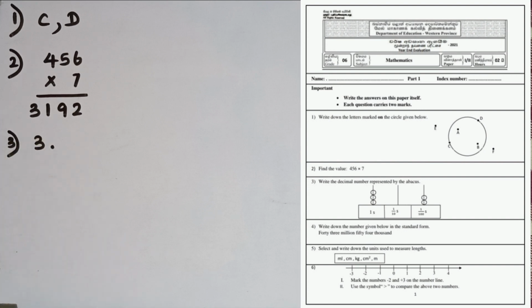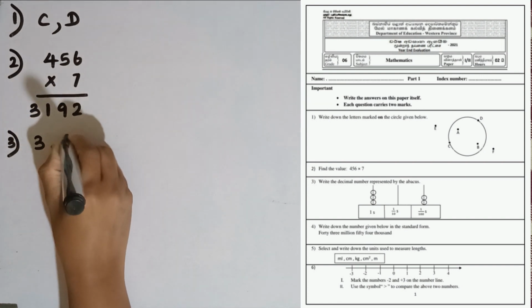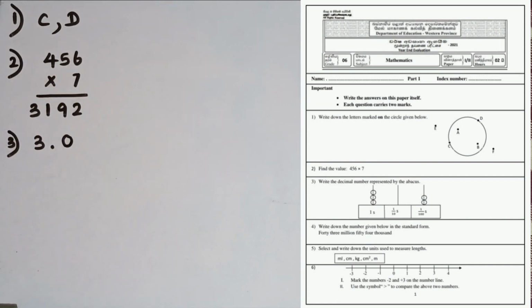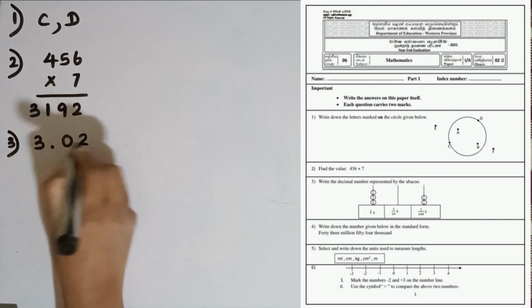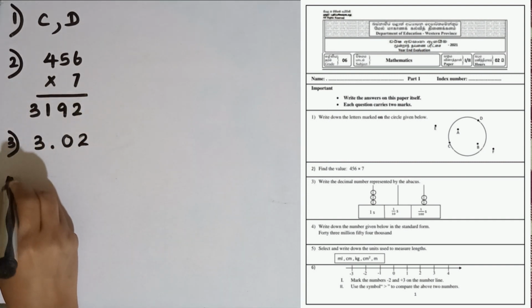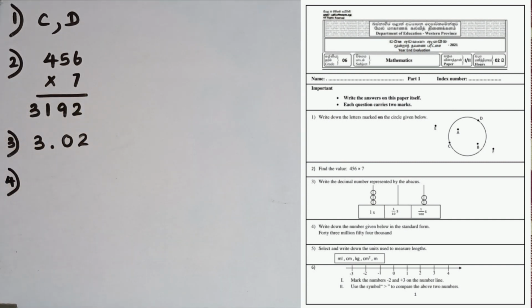Then in the tens place we have no counters, so we have to put a 0. Then in the hundreds place we have 2 counters. So 3.02 is the answer.